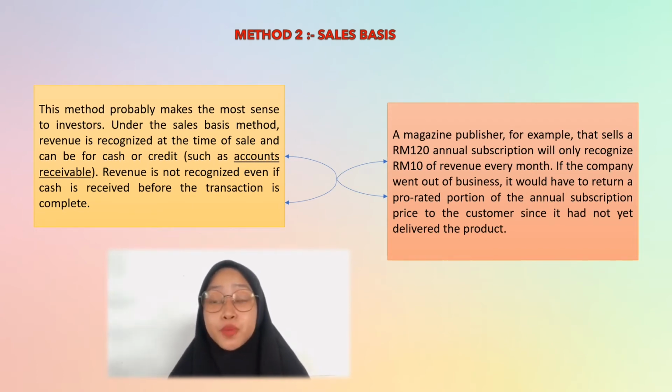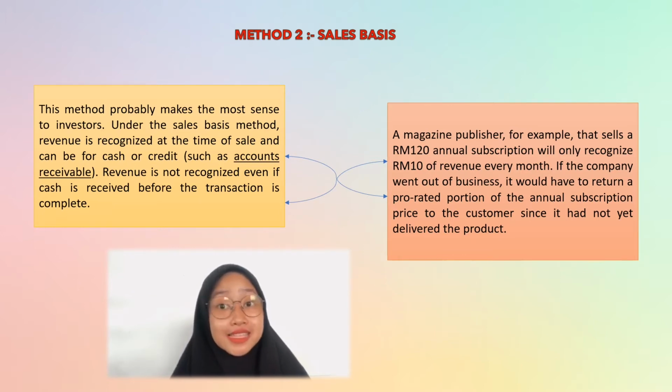I will go through to the next method, which is sales-based. This method probably makes the most sense to investors. Under the sales basis method, revenue is recognized at the time of sale and can be for cash or credit, such as accounts receivable. Revenue is not recognized even if cash is received before the transaction is complete.